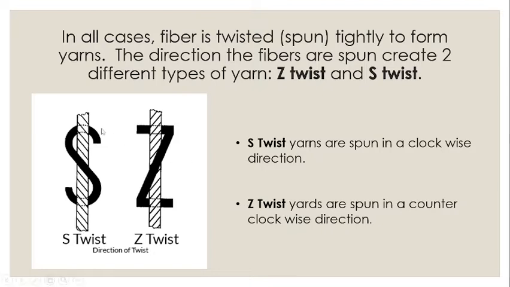The name comes from the direction the twists in the yarn create when looked at. The S-twist yarns look like the inner part of an S coming down, wrapping around the yarn. The Z-twist yarns look like a Z coming down and wrapping around the yarn.